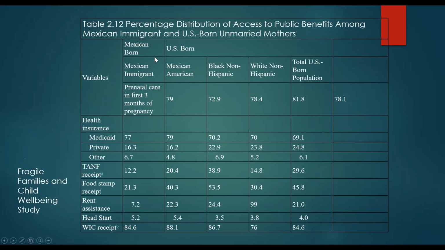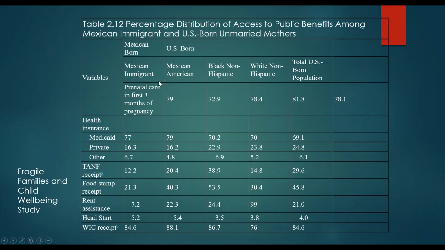So first we have Mexican born, then we have US born, but of different immigrant population. So Mexican American, Black non-Hispanic, white non-Hispanic, and the total US born population. Okay, and then we're looking specifically at prenatal care in the first 3 months of pregnancy.